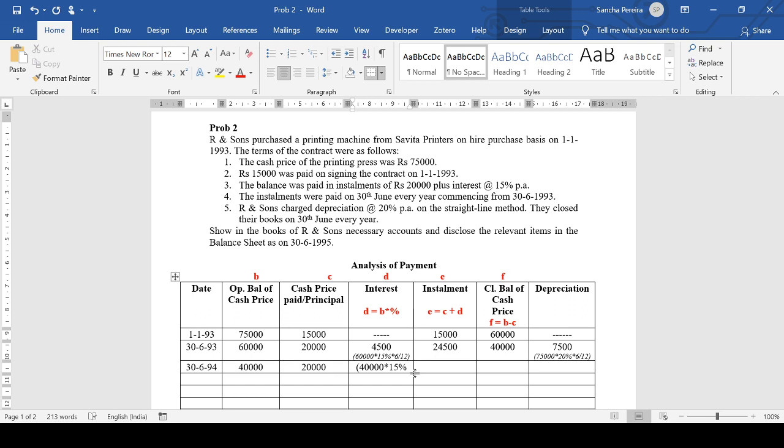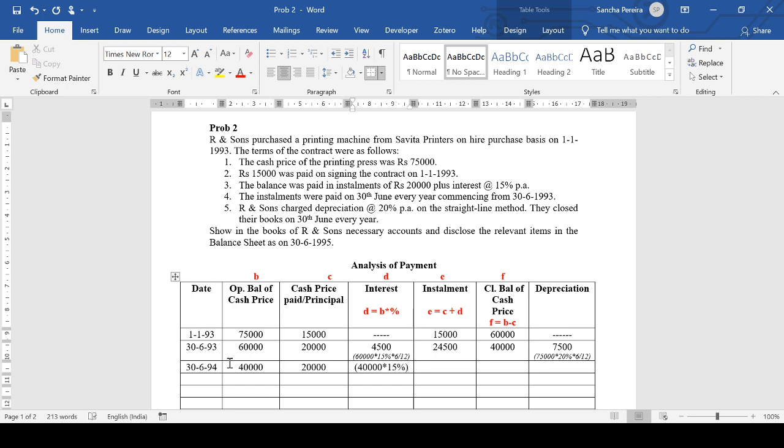It has to be 12 upon 12 because the last one was paid on 30th June 93. Now we have come to 1 year later, so it's already 12 months. It's not 6 months. So you don't have to write it, because 12 upon 12 is 1, and anything into 1 is the same thing. If you want, you can write it.